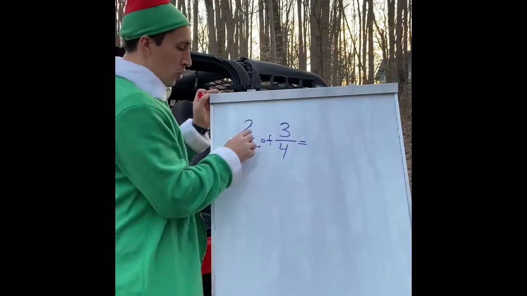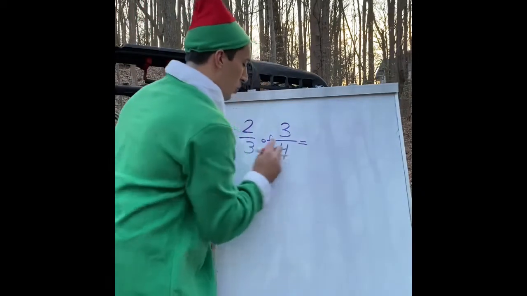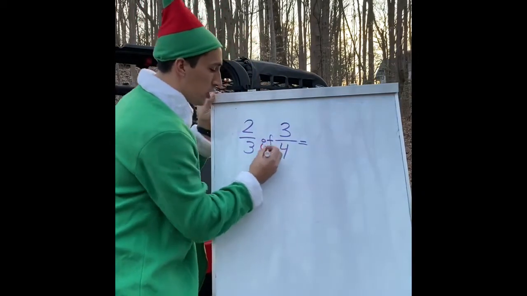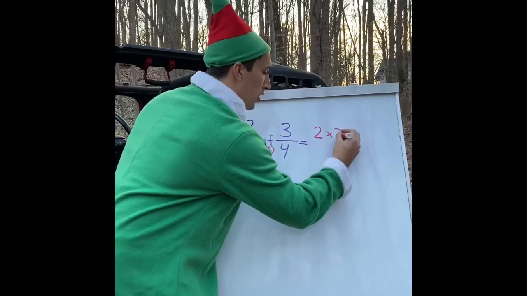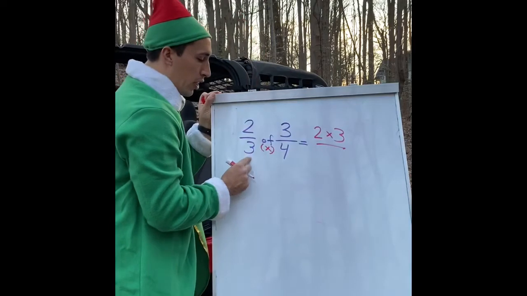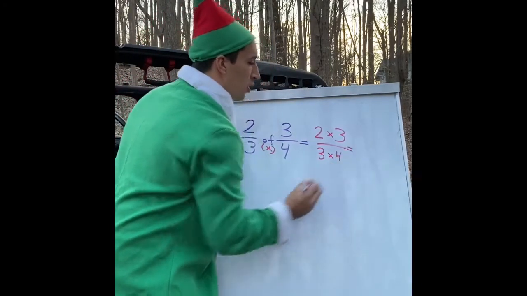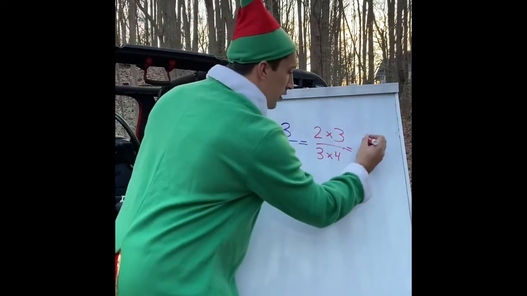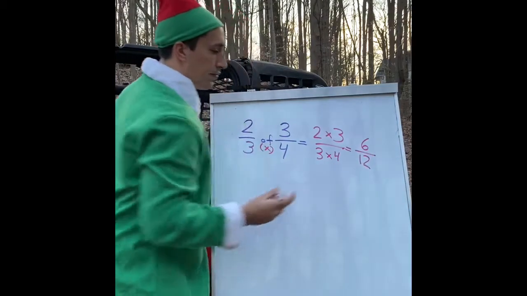All right, 2/3 of 3/4. Now remember, when we multiply fractions, we take the numerator times the numerator, 2 times 3, and for the denominator, we take 3 times 4. 2 times 3 equals 6. 3 times 4 equals 12.